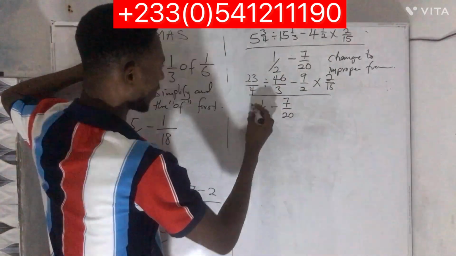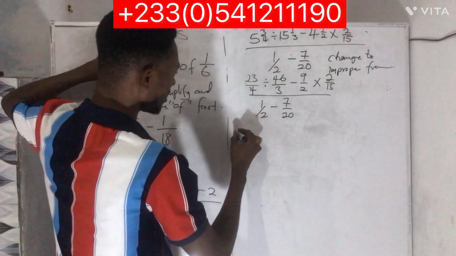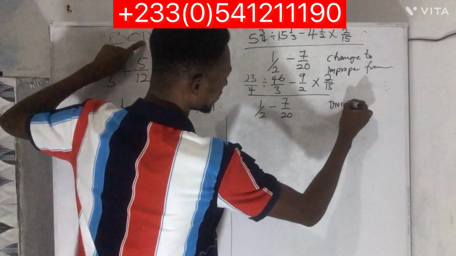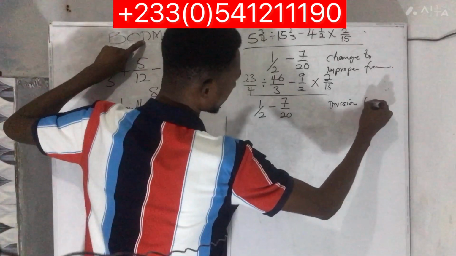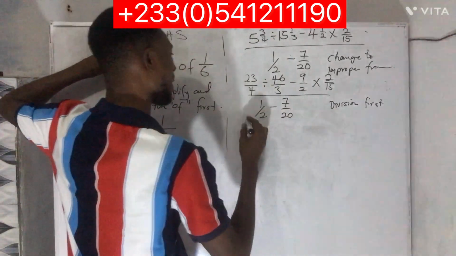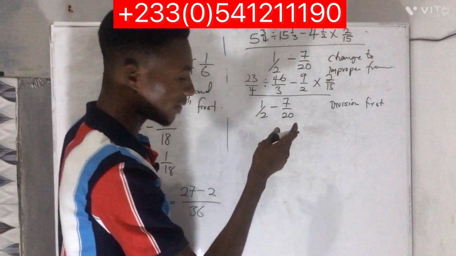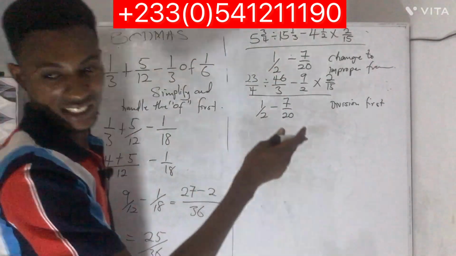Okay, so according to division, we do division first. Keep the first fraction, change the sign to multiplication sign, and reciprocate the second term.